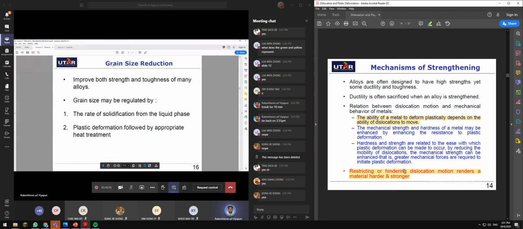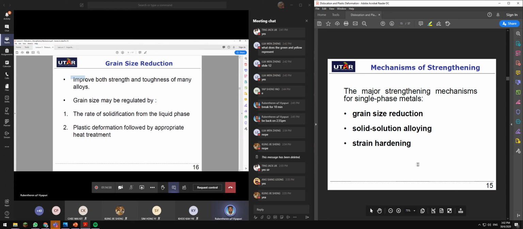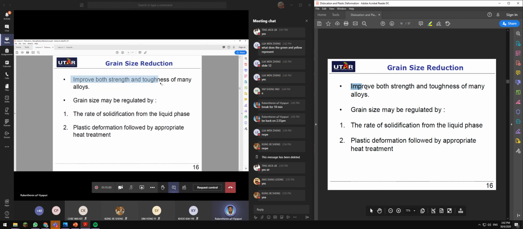Now let's talk about grain size reduction. If you reduce the grain size, the rule of thumb is the smaller the grain size, the strength and toughness of many alloys will be increased. Highlight this: grain size reduction will improve both strength and toughness of many alloys.